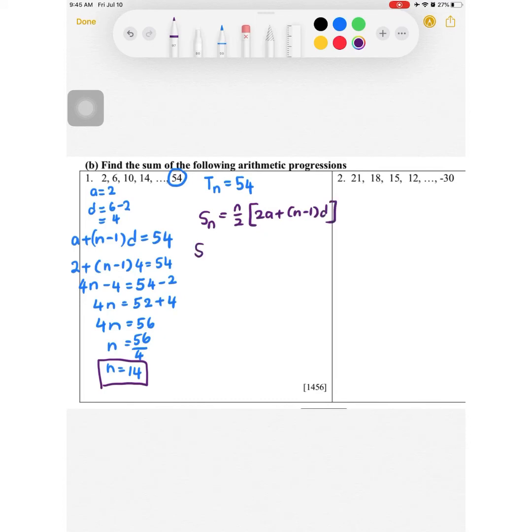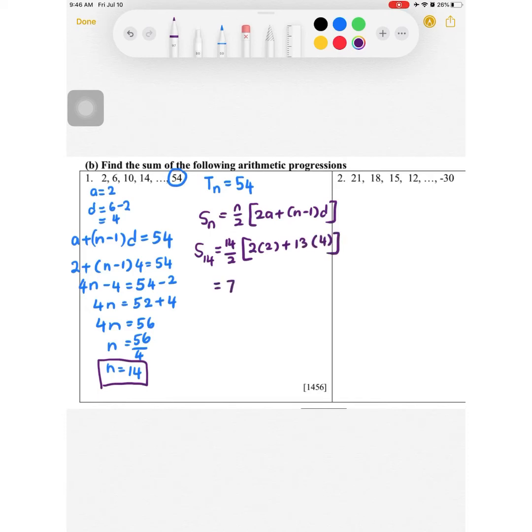So you put everything inside the formula. Your n now is 14, so 14 divided by 2, times 2 times 2, since a is 2, plus n minus 1, which is 13, times d, which is 4.